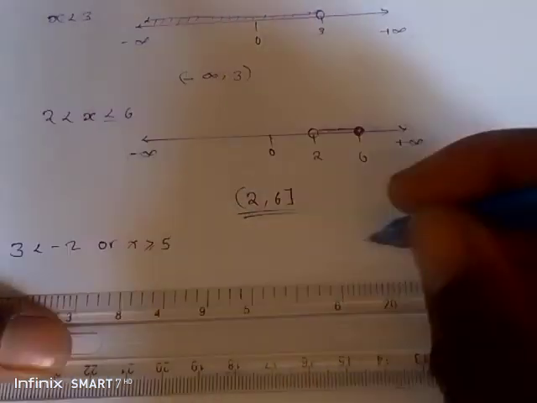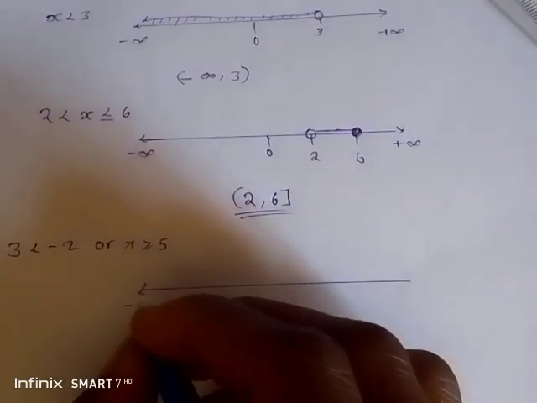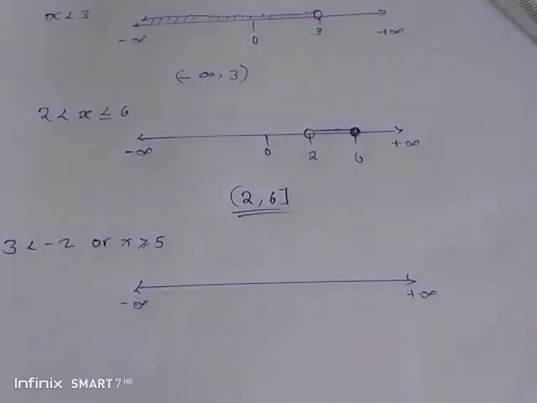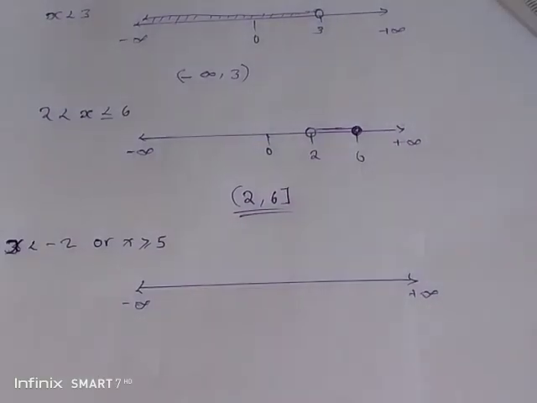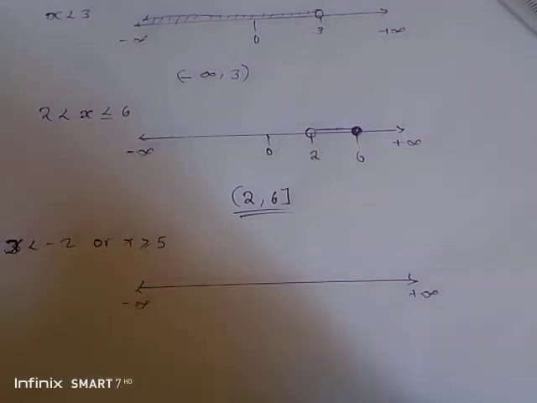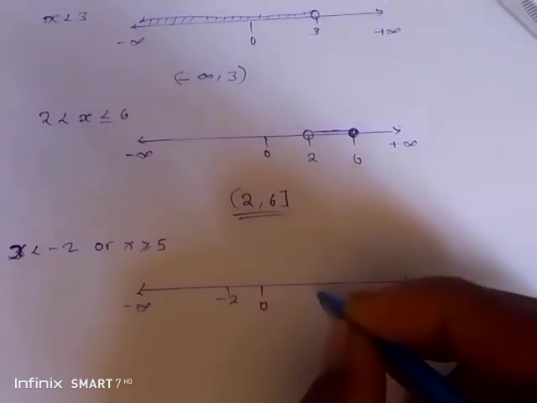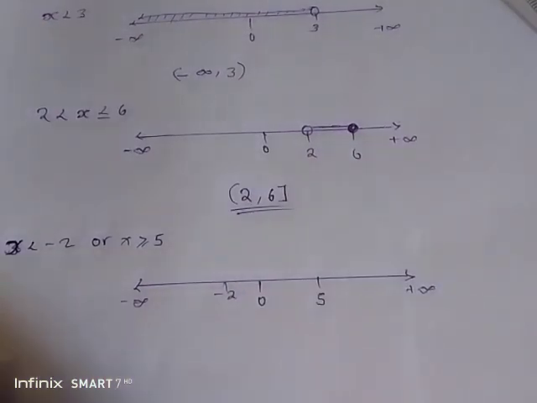Upon making a real line, indicate this is negative infinity, positive infinity, like this. Sorry, this is x, not 3. This is supposed to be x. x is less than negative 2, or x is greater than 5. So let's say we put our 0 here, and our negative 2 here, and our 5 somewhere here. Okay, so we are going to start from negative 2.